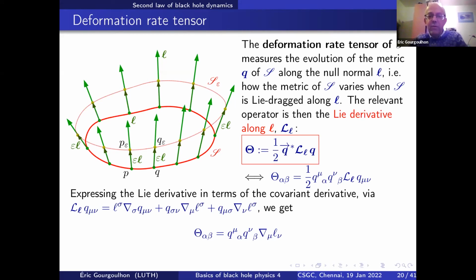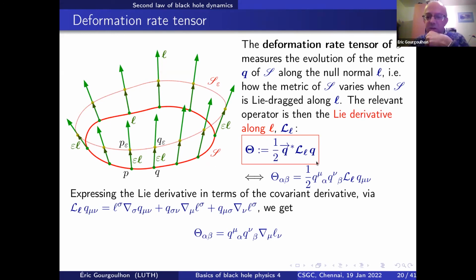It will measure the evolution of the induced metric along the null normal. By definition, we could do the same construction as the other day: Lie drag a surface by a small parameter epsilon along L, and compare the metric on that surface with the metric on the original surface.